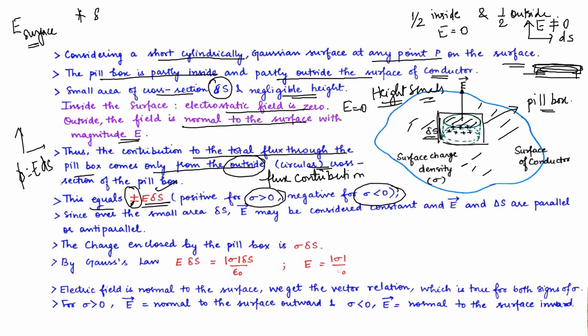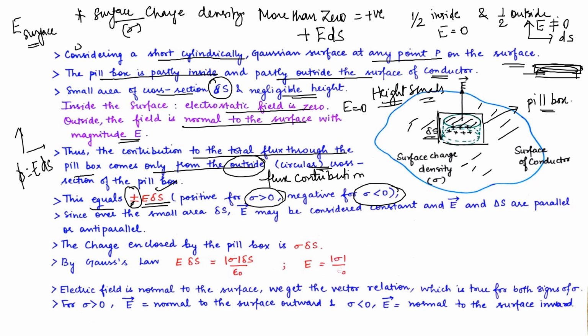Over here, sigma more than 0, that is positive, gives plus E ds, right? And in case sigma is less than 0, that is negative, it will give us minus E ds, right?